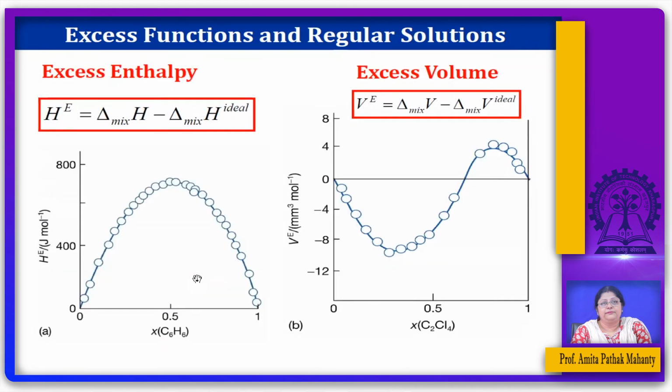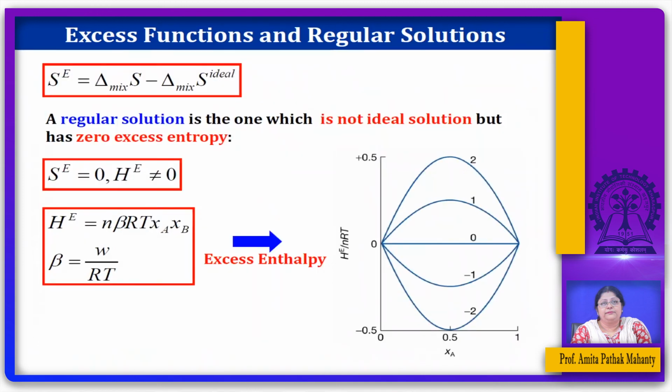For enthalpy change, the expression is going to be the enthalpy change of the final mixing process minus the enthalpy change of the process where the gas was behaving ideally, and the difference between the two gives us the excess enthalpy, excess volume. Okay, so I think I'll end here.